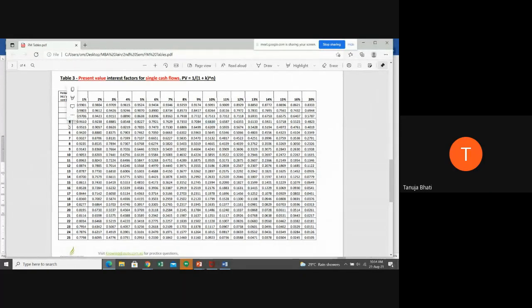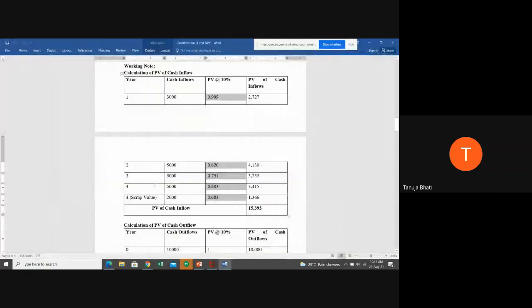No matter how many cash flows you're getting in the year 4, you're going to write the same value. Don't write the value of the year 5 because you're getting the scrap value in the fourth year itself. So for both, you're going to write the PV factor as the same, that is 0.683.